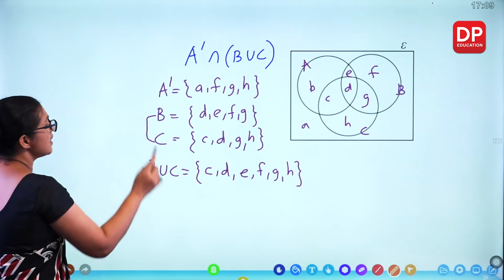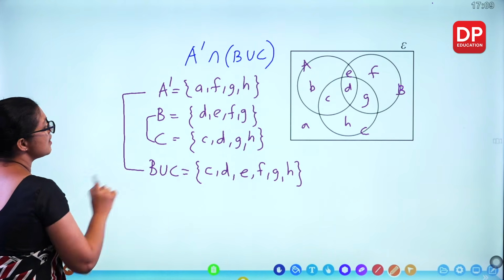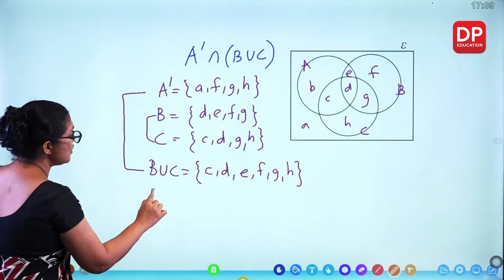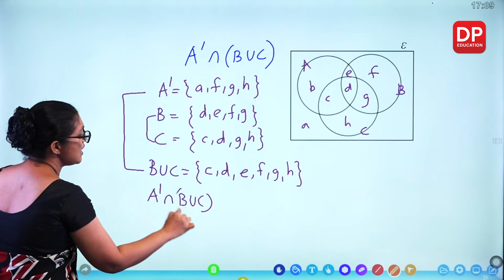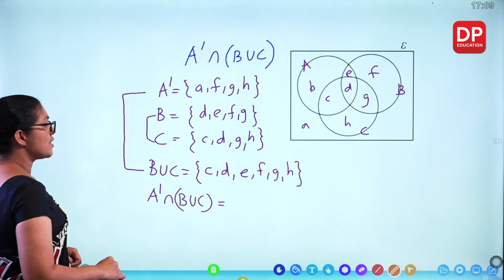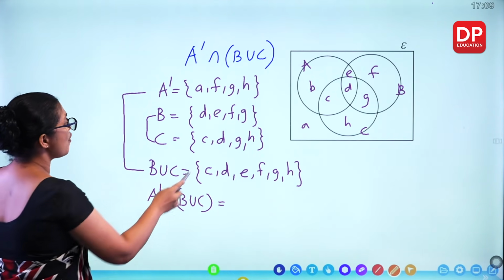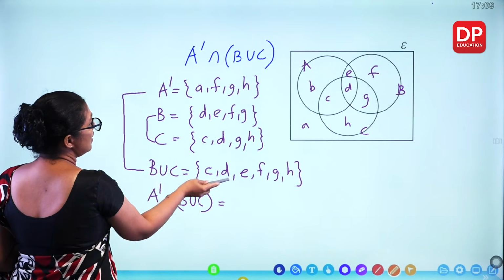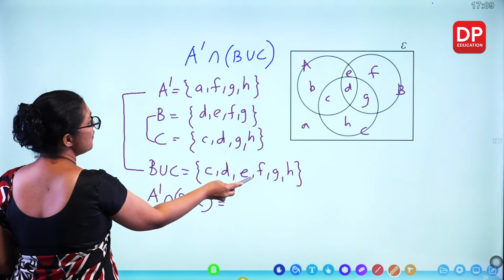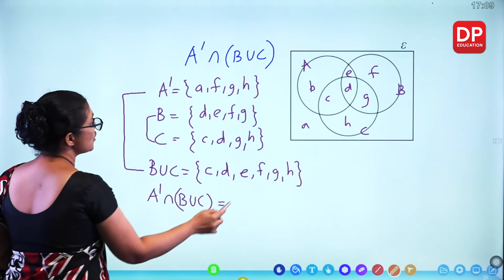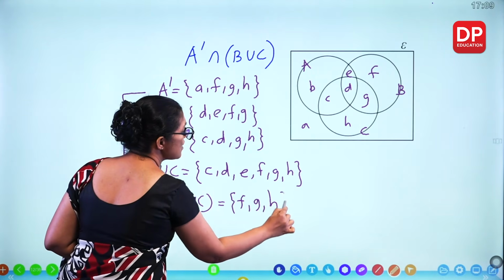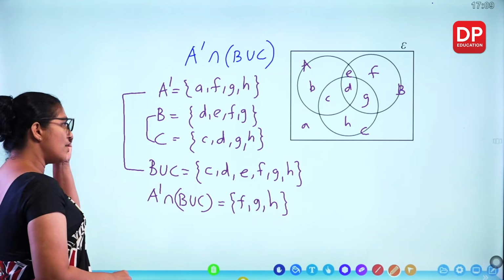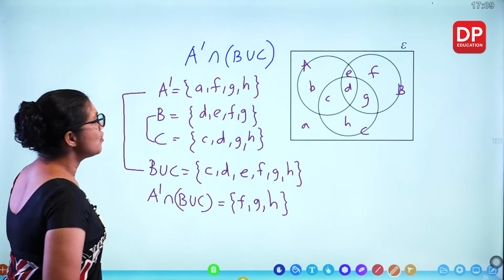Now we'll take A dash and B union C common region. A dash intersection B union C is equal to, common for both, E, F is common, G is common, H. F, G, H. Now, which region we need to shade?